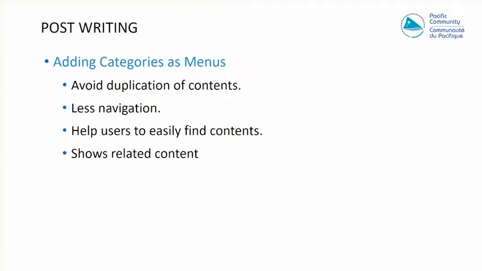So a user clicks on CPI, it finds all the articles about CPI. And then maybe at the bottom you get related content as well. Maybe the user might be interested in balance of payment, for example.